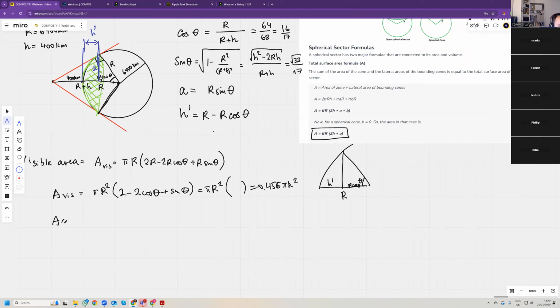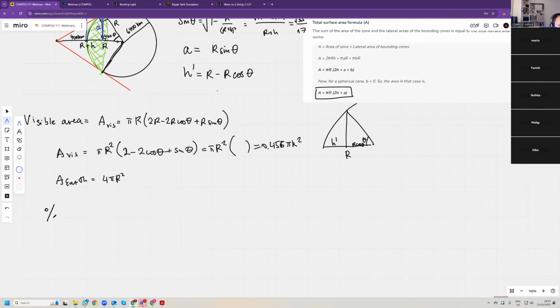And the area of the Earth is 4 pi r squared, of course. So the percentage visible is 0.456 pi r squared over 4 pi r squared, which is divided by 4, which is 11.4%, approximately.